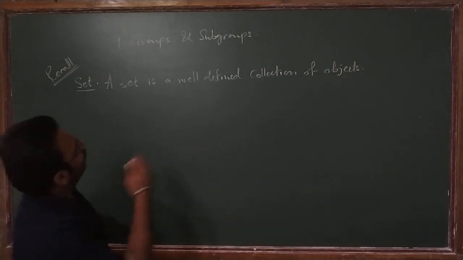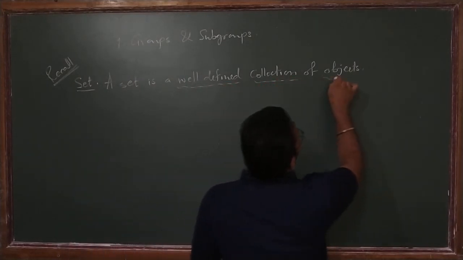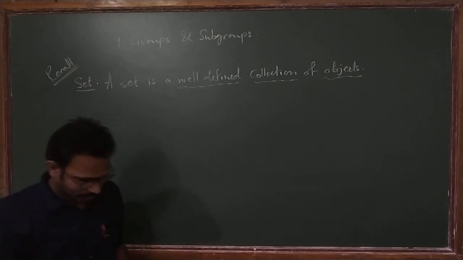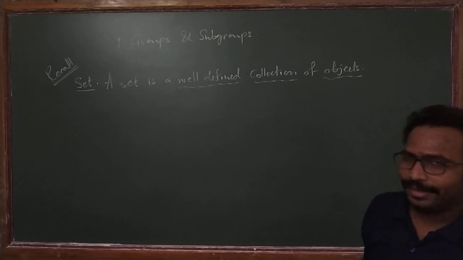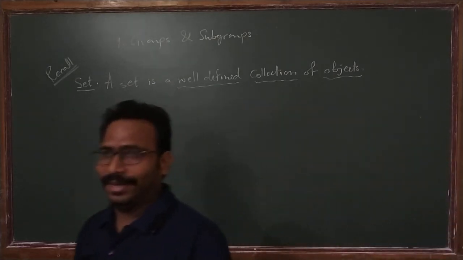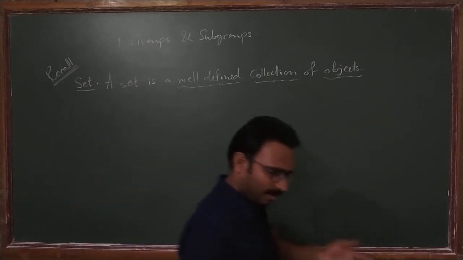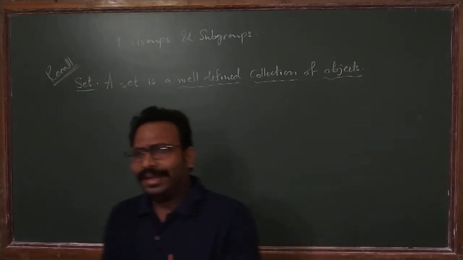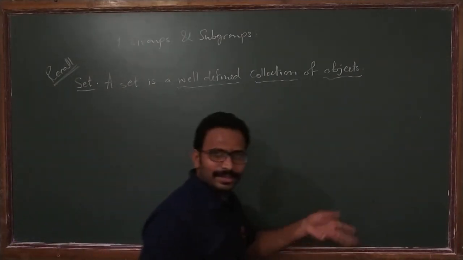A set is a well-defined collection of objects. What we call objects should be collected in which manner? In a well-defined manner. The collection is nothing but an aggregate of things, right? So a well-defined collection of objects.